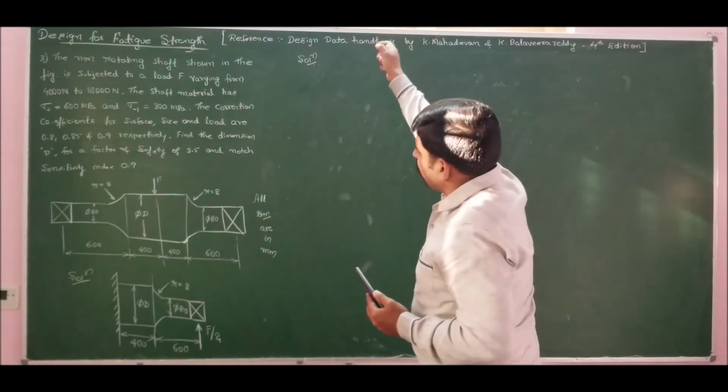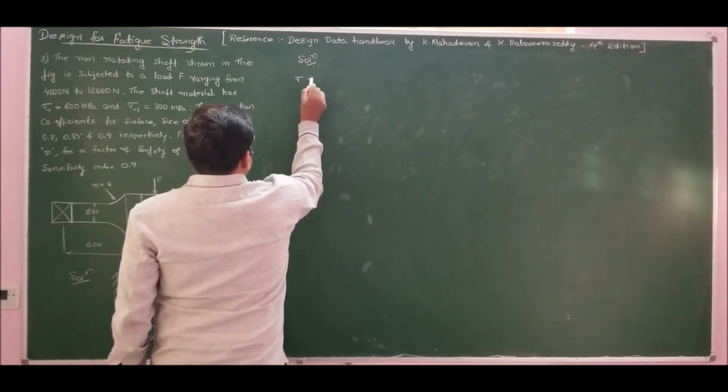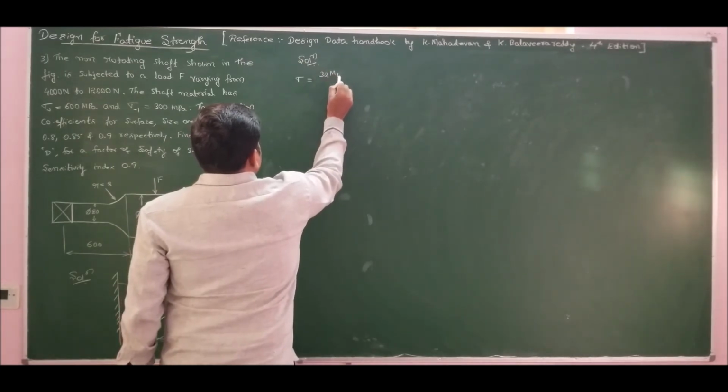Now, moving ahead, if I want to calculate the stress for bending cases, we know that sigma is equal to, for circular cross section, 32 MB by pi d cube.